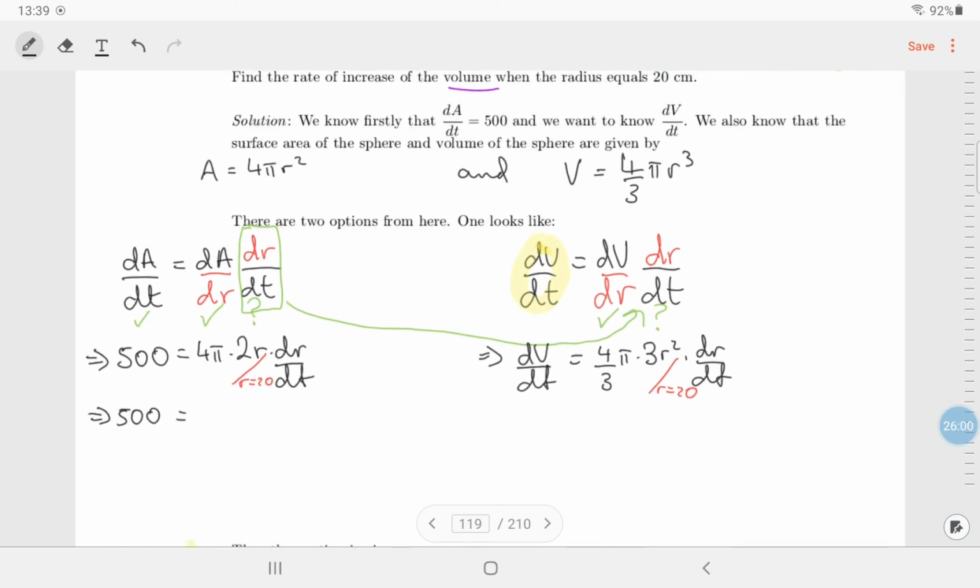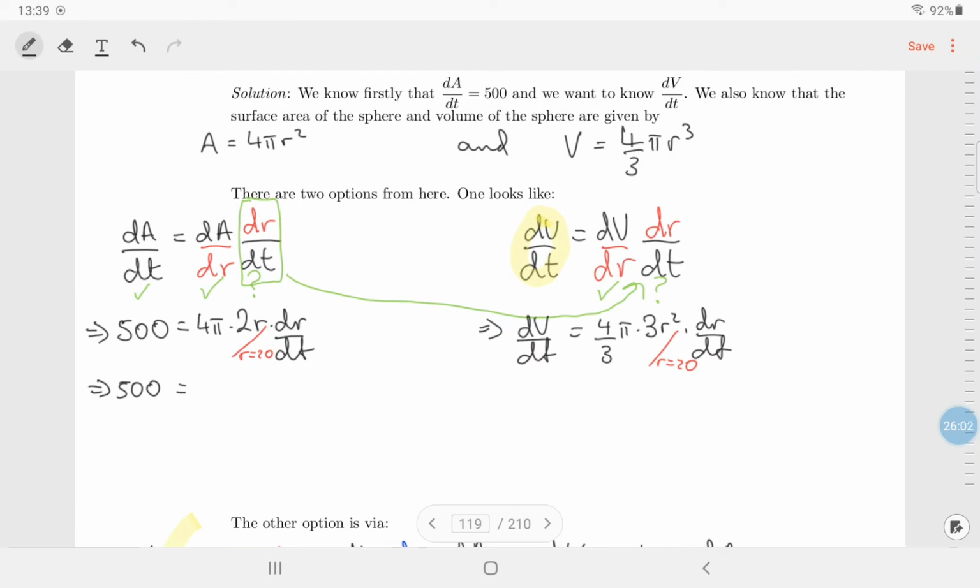And are the units all centimeters? Yeah, so we'll just run with centimeters. So this is 502.7 times dr/dt. And then we can find dr/dt by dividing both sides by 502.7. So I get 0.9946. And if I want, I can put in the units, centimeters per second.